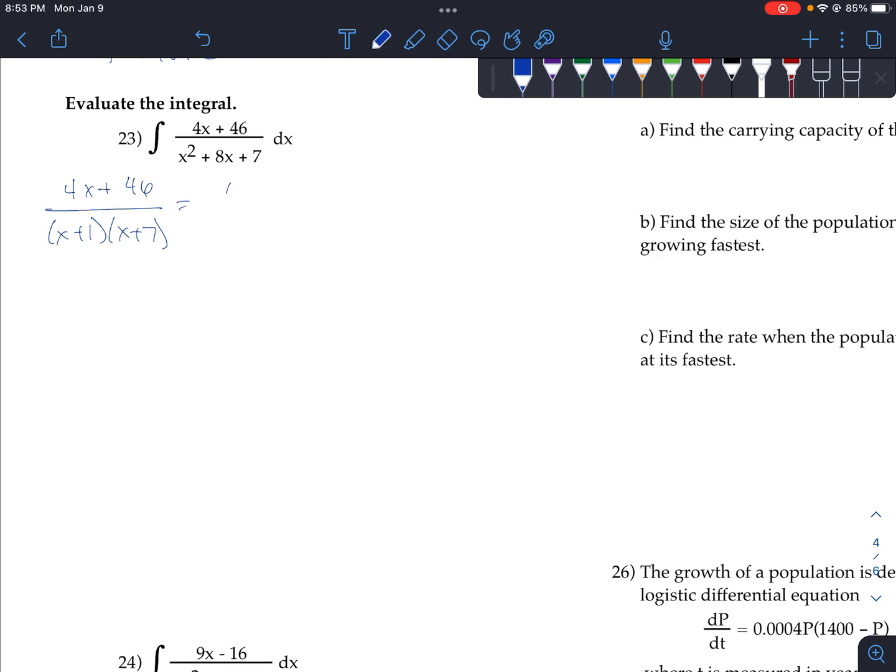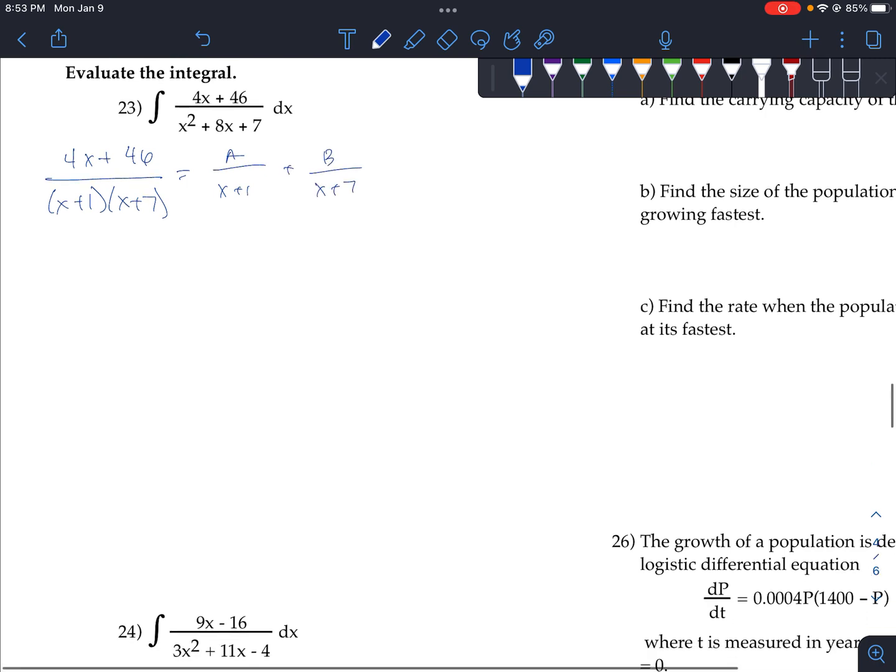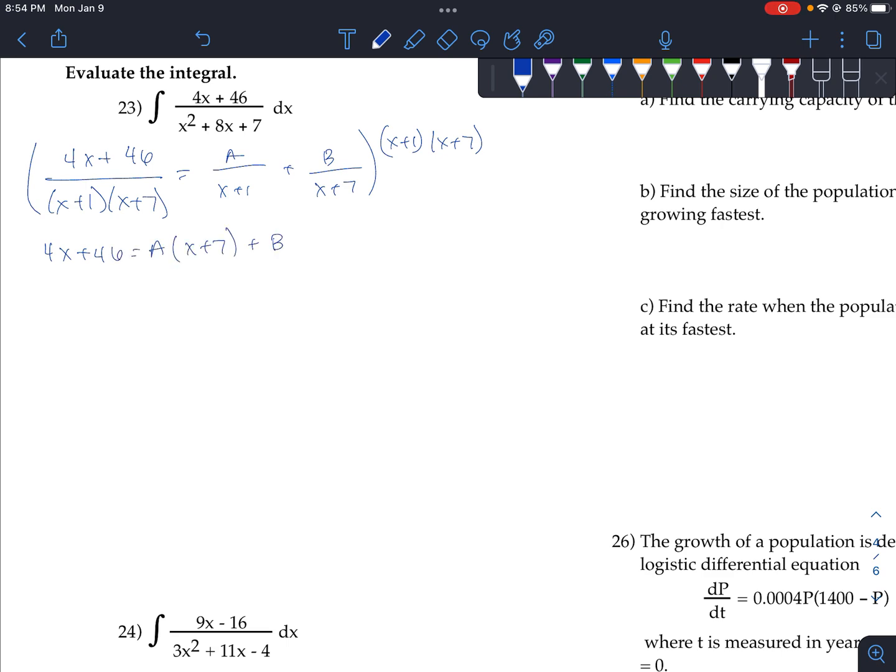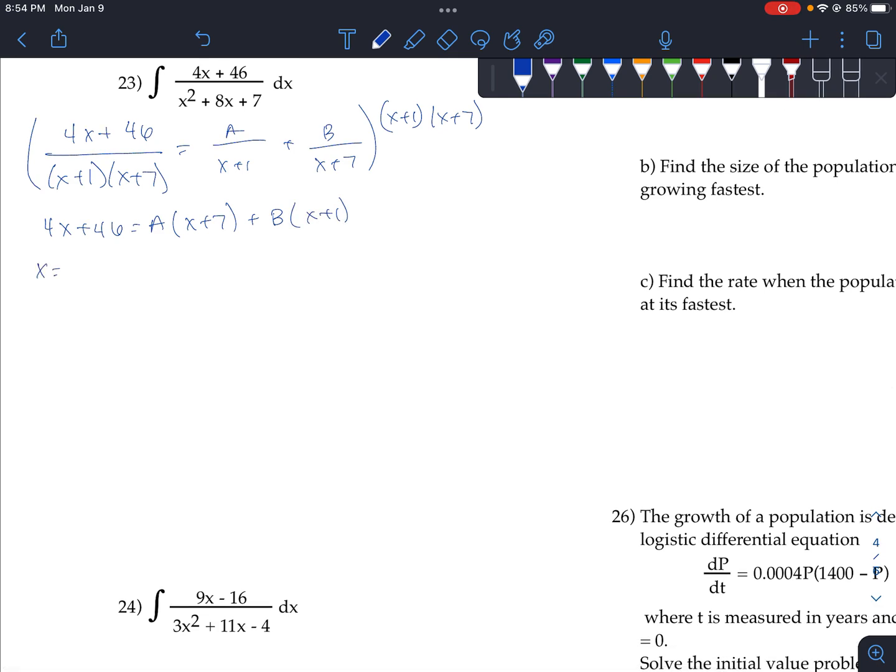So that's going to be equal to A over x plus 1 plus B over x plus 7. Then we'd multiply the entire thing by x plus 1 and x plus 7. So 4x plus 46 will be equal to A times x plus 7 plus B times x plus 1. So let's say x is equal to negative 1.